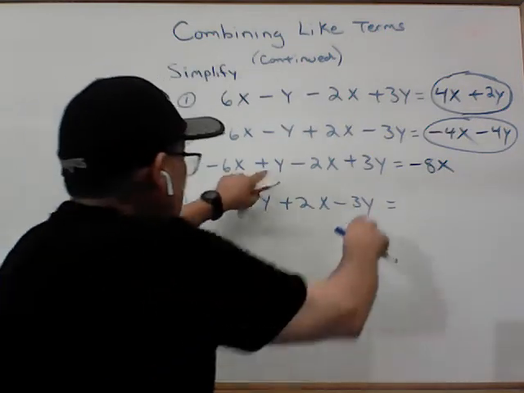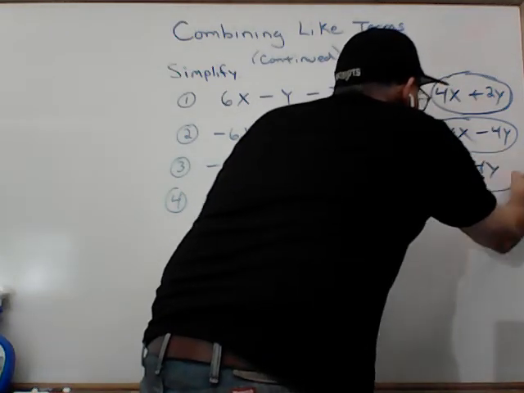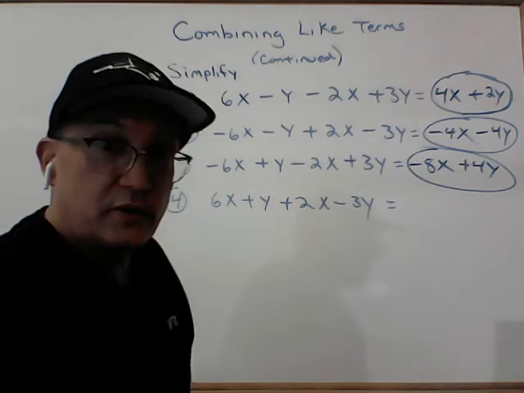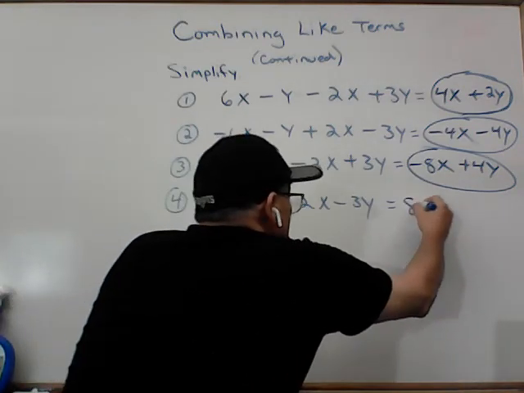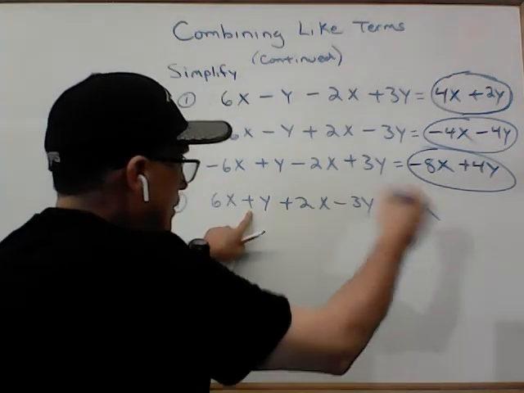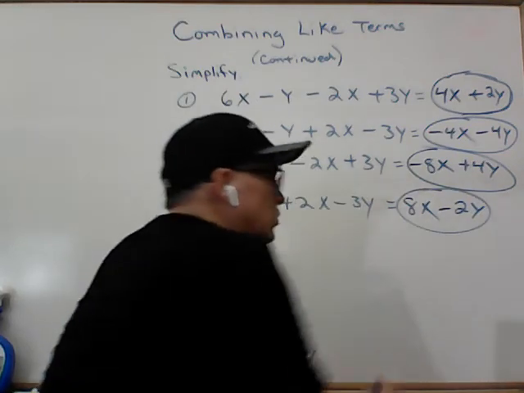We're adding apples and apples there, which is nice. Okay, so this is negative 8x plus 4y. And the final one, we have a 6x and a 2x, both positive, so that's 8x. And then y minus 3y. 1y minus 3y, that's negative 2y.